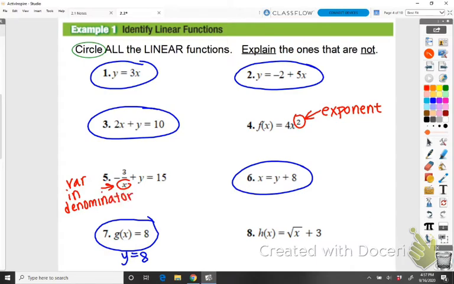So you're not allowed to have the variable in the denominator. And number 8, it's in function notation, so think about that as y is the square root of x plus 3. We talked about previously that the square root of x is like x to the 1/2, so your exponent is not 1. So those will not give you straight lines on the graph.